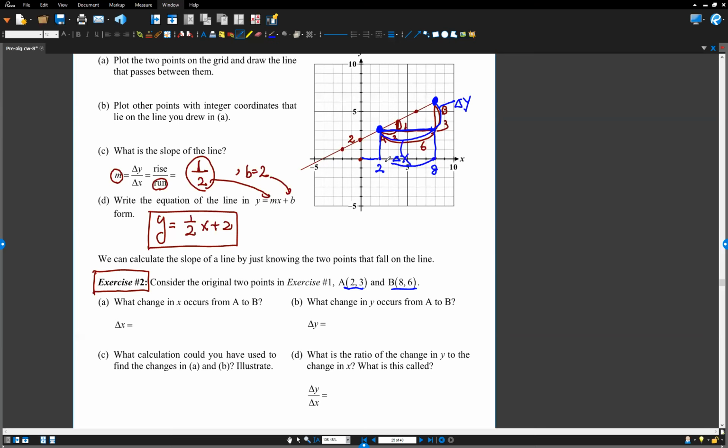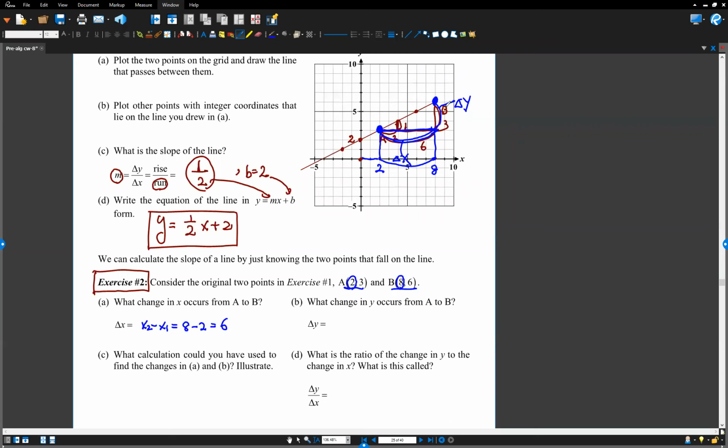So 8 minus 2 is what? Change in x, that is delta x. You can use the x coordinate: 8 minus 2, or x2 minus x1, that is delta x. 8 minus 2 equals 6. That is the length of delta x.